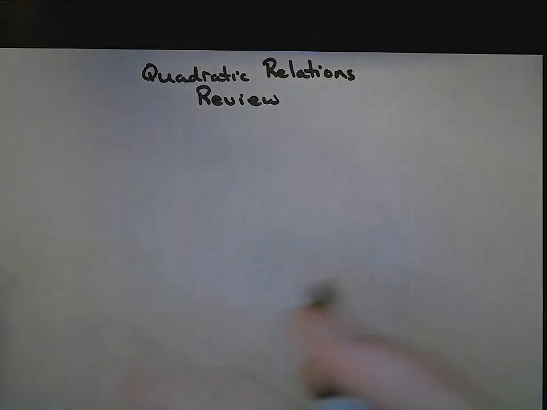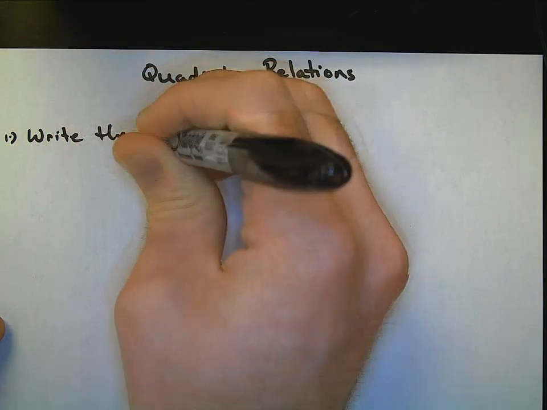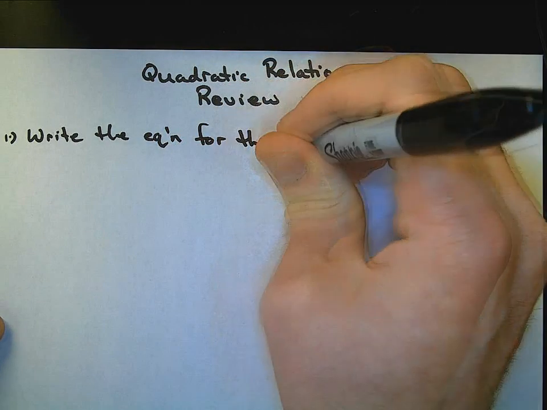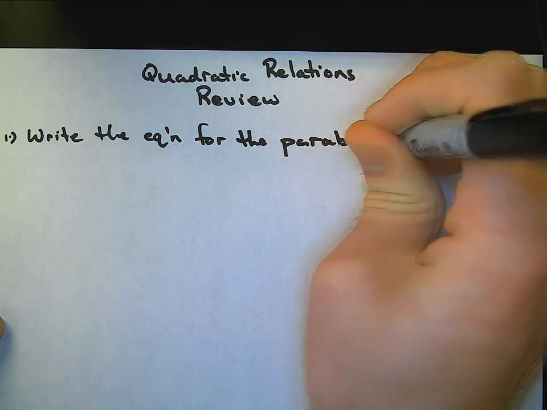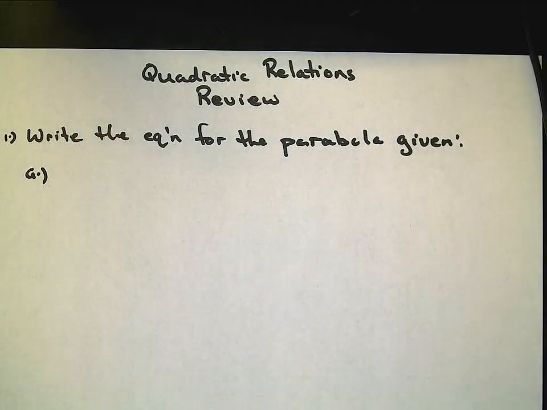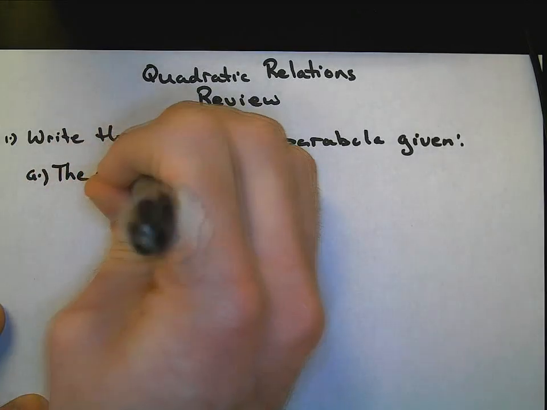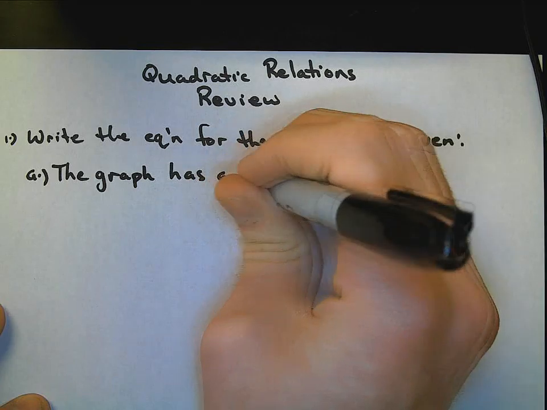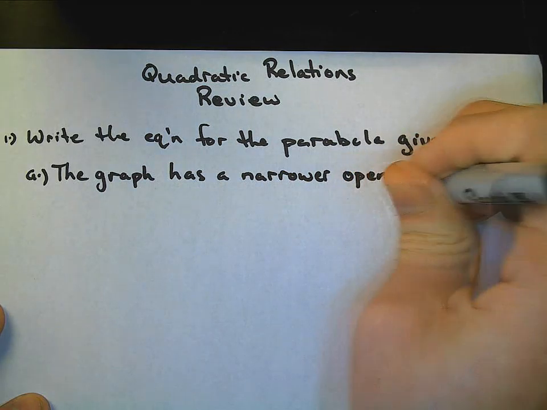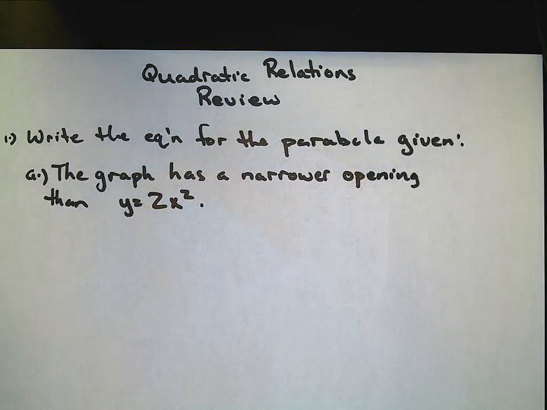Let's start by saying, write the equation for the parabola given the information. Here's what we will start off with in question A. Question A is going to say the graph has a narrower opening than y equals 2x squared.